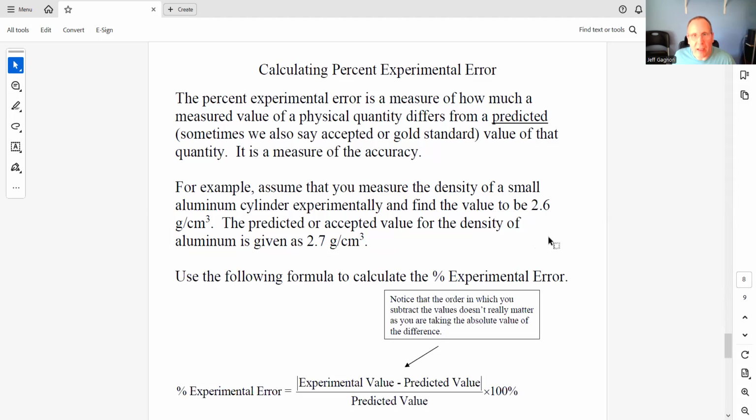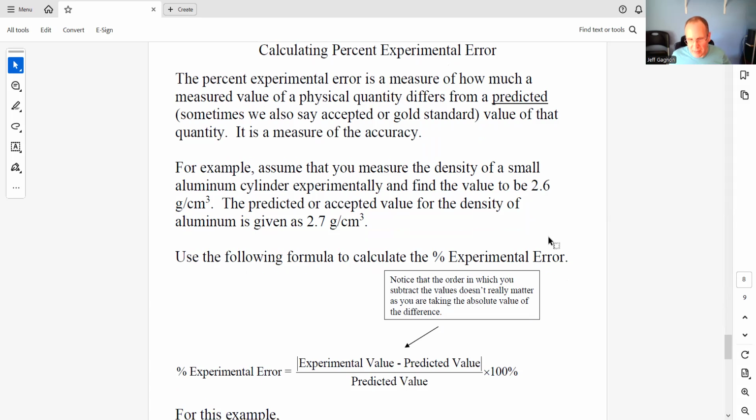To calculate a measure for the accuracy, we're going to compute what's called the percent experimental error. This calculation you're probably more familiar with from other science classes you may have had, and it's a much easier calculation as well.